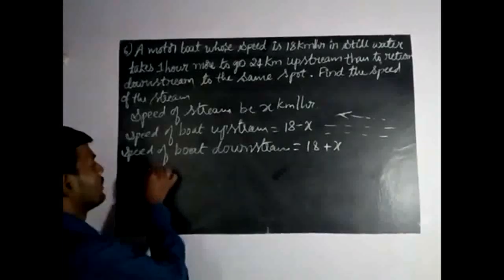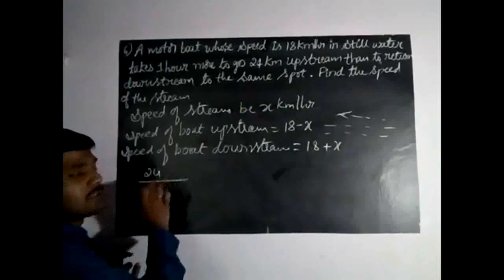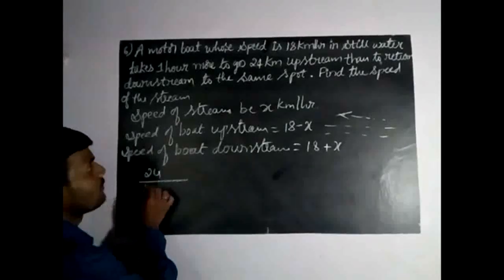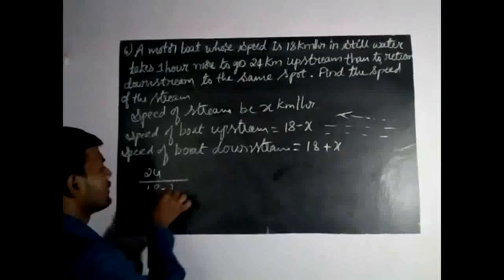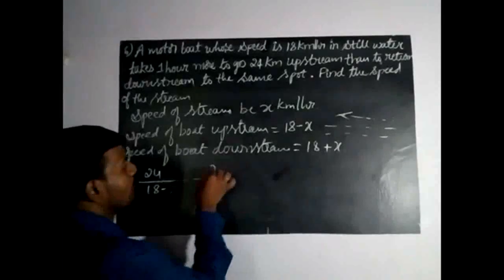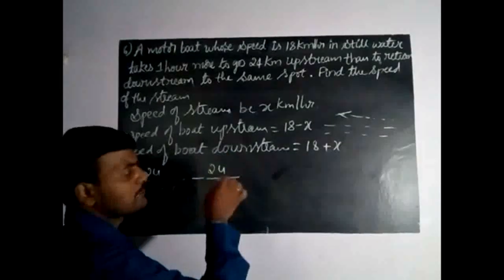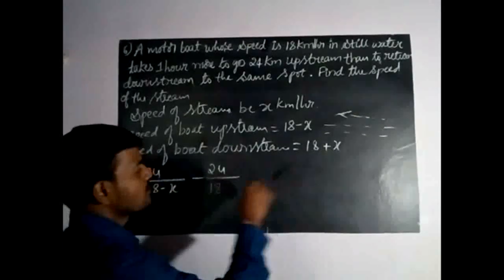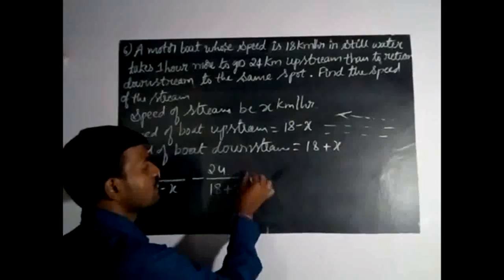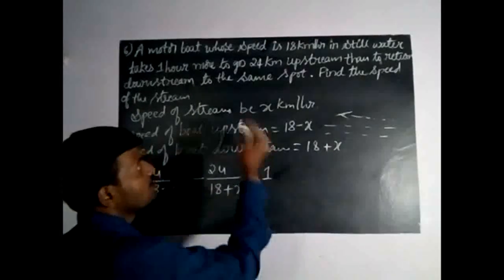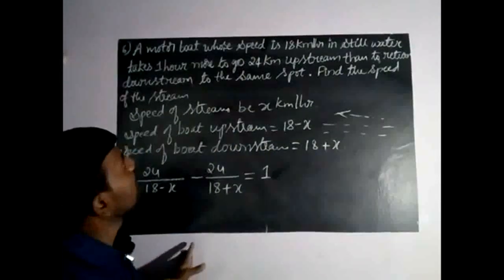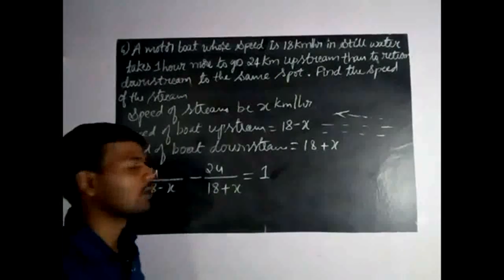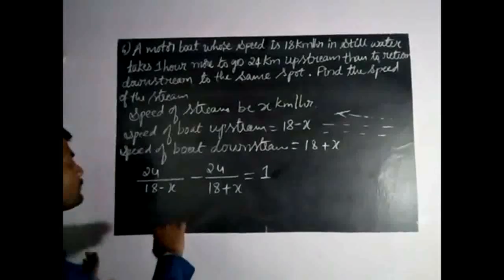It would be 24 by 18 minus x, because it travels 24 km upstream, minus 24 by 18 plus x for the same distance downstream, which is equal to 1, because it takes 1 hour more for 24 km. That means the time difference is 1 hour.